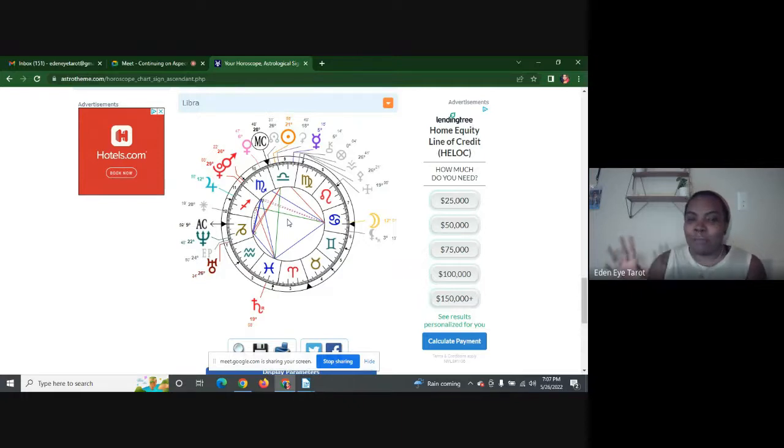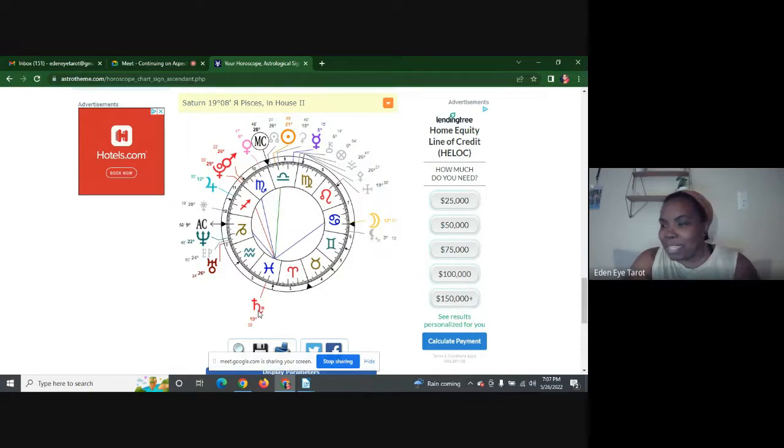So for inferior versus superior aspects, let's look at your Jupiter and your Saturn. Jupiter is here in Sagittarius, Saturn is here in Pisces.